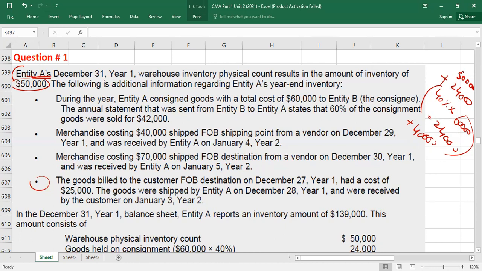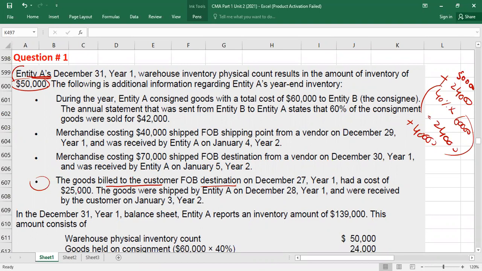Customer or supplier? We are the supplier here because we bill the customer. And what is it? FOB destination. So we just have to answer one question: has the customer received before year end or not? If not, it is our inventory. Has he received? No. It means it is our inventory.